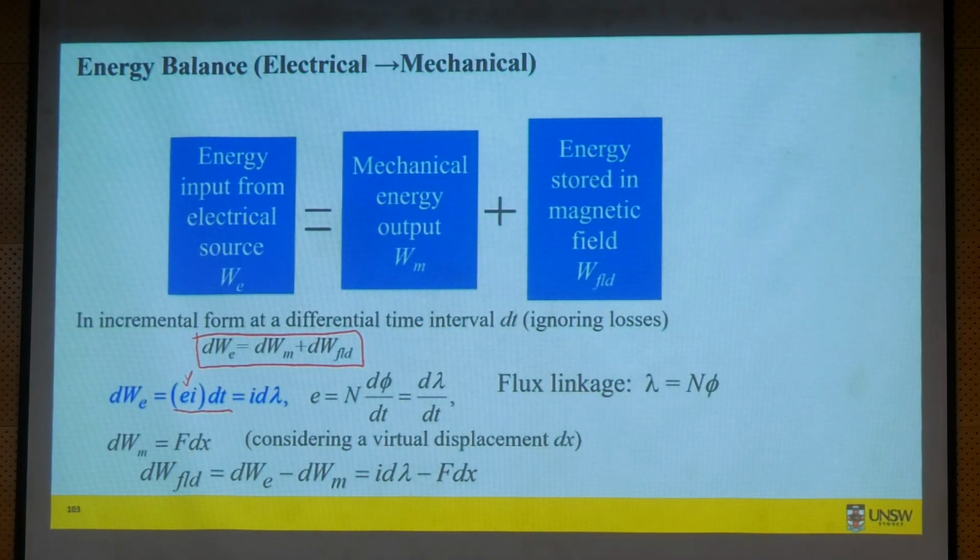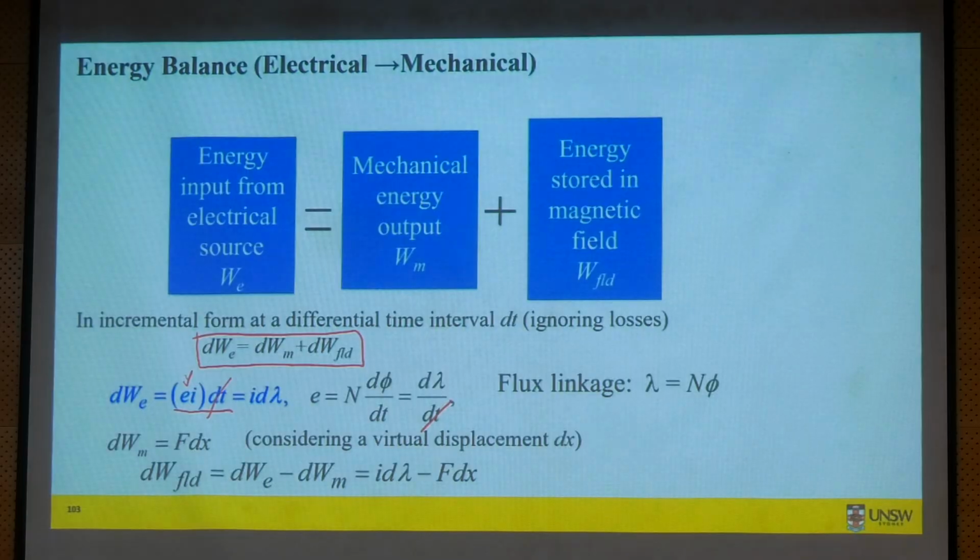So E can be written as d lambda dt, lambda being flux linkage. If I replace E here by d lambda dt, then this dt cancels out this dt. So electrical energy can be thought of as current times flux linkage.